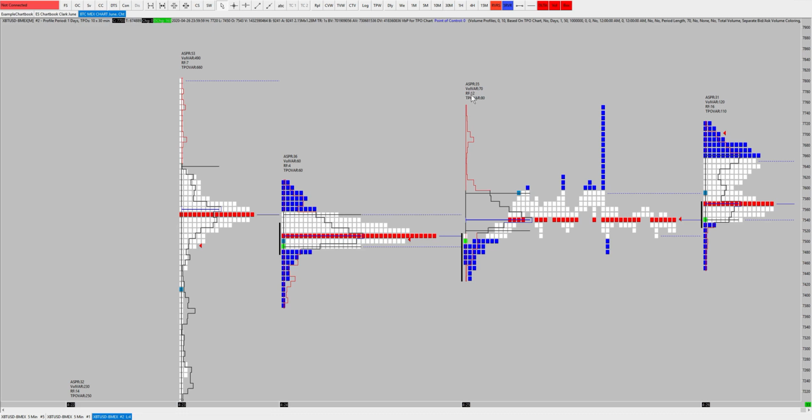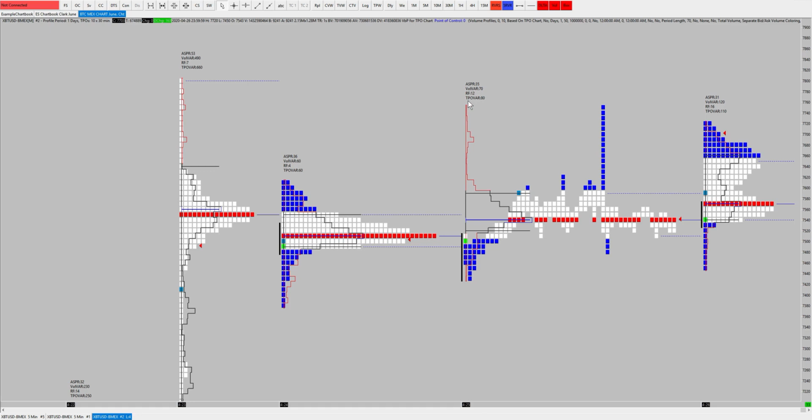But the RF, the rotation factor, that gives us some quick insight into which direction the market was trying to move. Again, a very positive value means it was trying to move up. A very negative value means it was trying to rotate down. And then a neutral value would be around 0, whether or not it's positive or negative, but it would be relatively neutral, meaning the market was pretty much ranging and not trying to make an aggressive move in either direction.